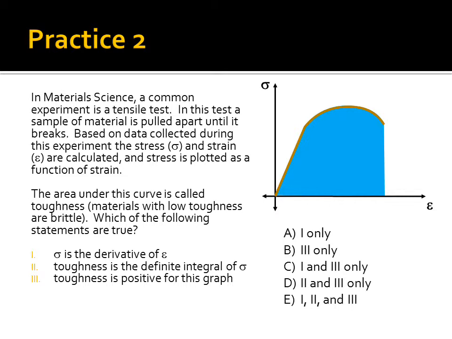And this curve is above the horizontal axis. The gold curve is above the horizontal axis. So integrating from left to right, curve above the horizontal axis, that means that this blue area is positive. So statement 3 is true, and therefore both statements 2 and 3 are true, and therefore the correct answer is D.